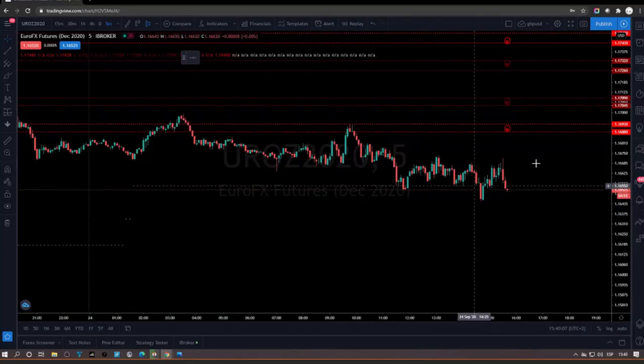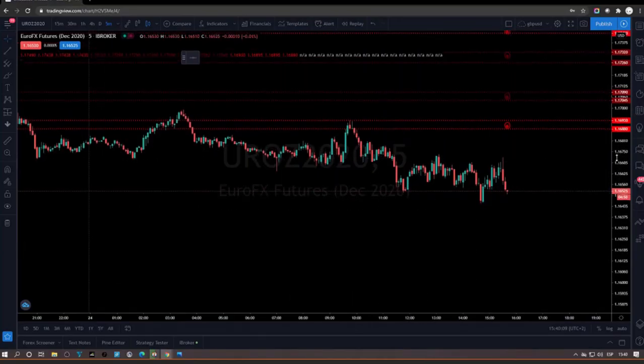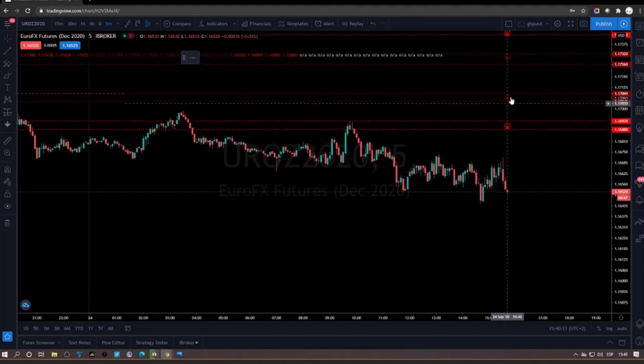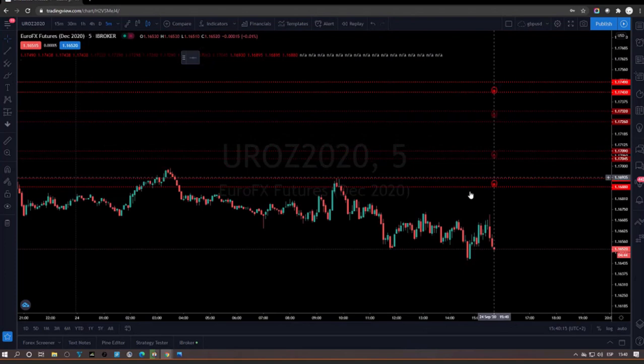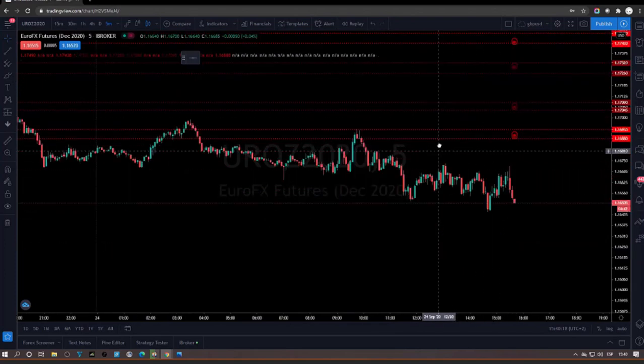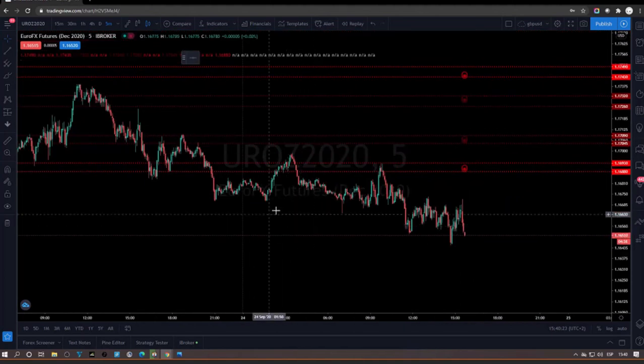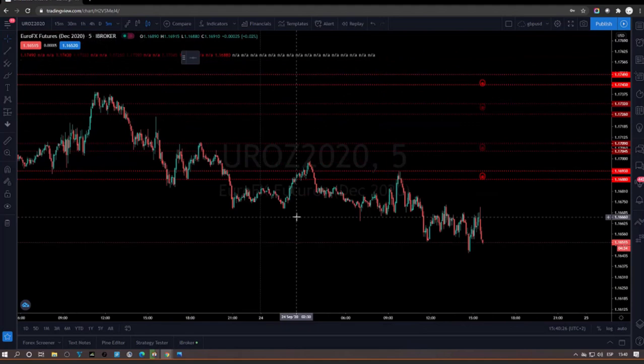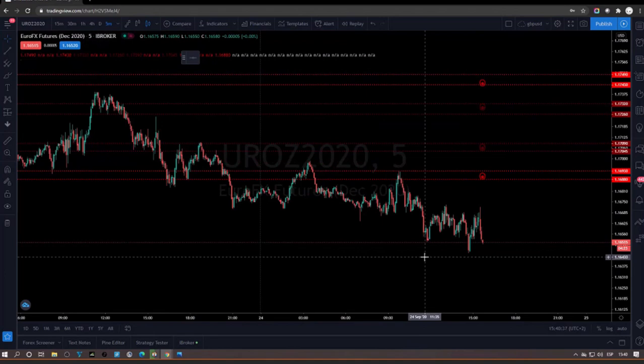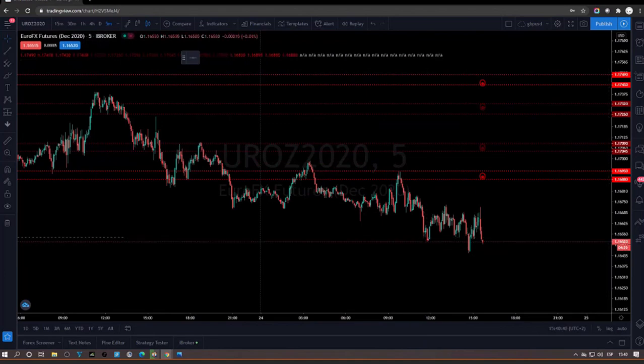This is the euro futures that we'll be looking at today. And here you can see these red bars and circles. These are the UFOs. What this provides us are possible entries, depending on your bias, you're buying or selling, depending on the market conditions. Of course, you first have to have your own bias before using any of these indicators. And once you have your bias, you should find an entry spot.